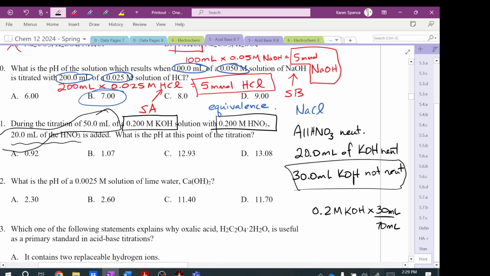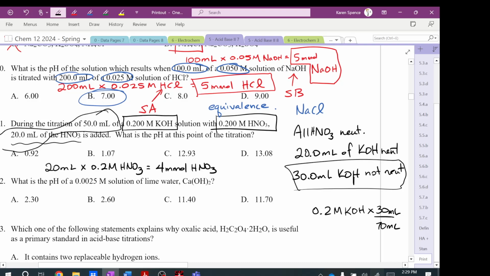If you don't like that, you can say how many moles of HNO3 do I have? 20 milliliters times 0.2 molar HNO3 is 4 millimoles of HNO3.